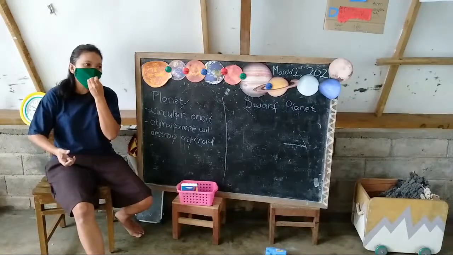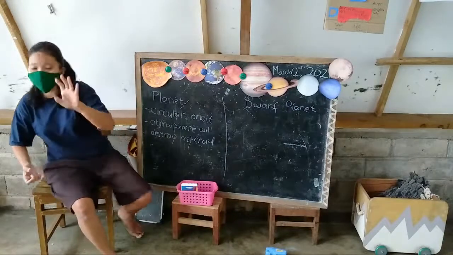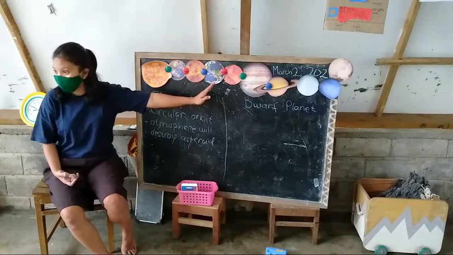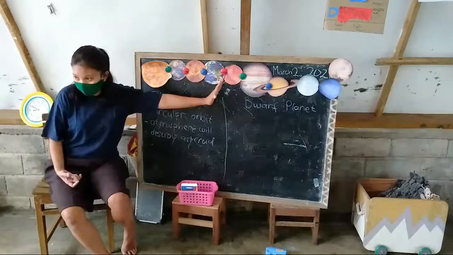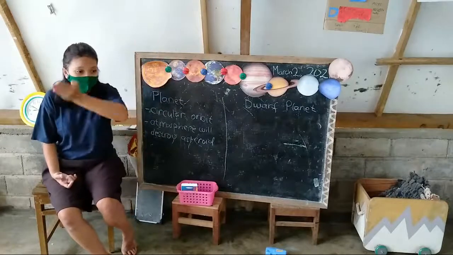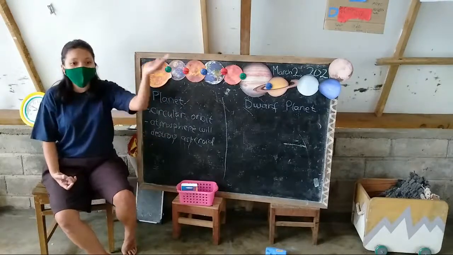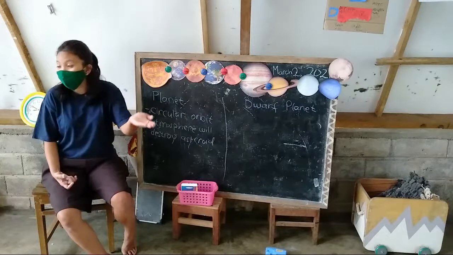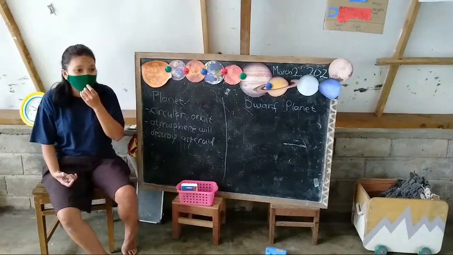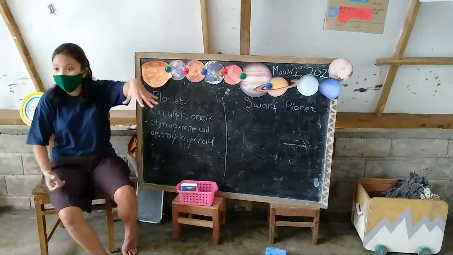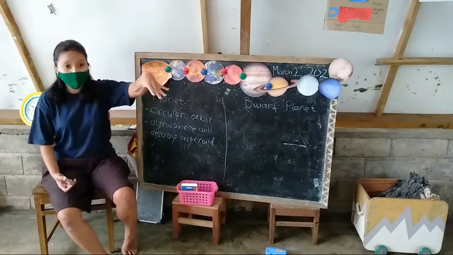Each planet has gravity, and the atmosphere protects the planet from asteroids, right? So can you imagine if an asteroid bumped Earth? What will happen?